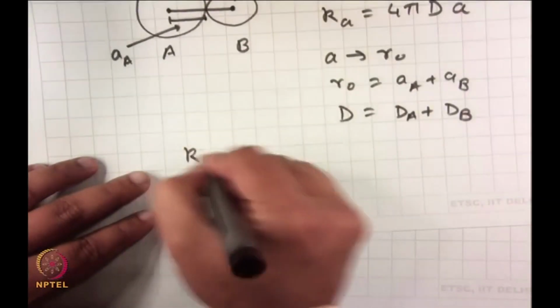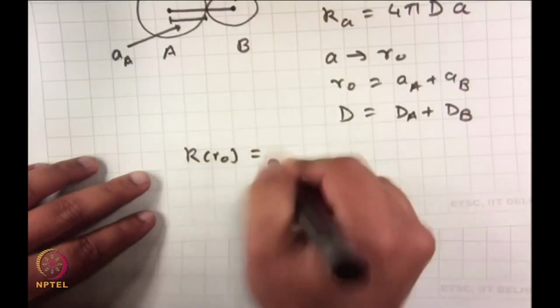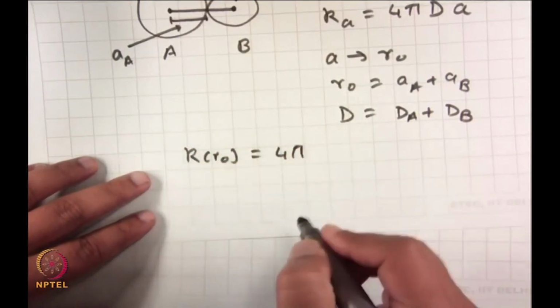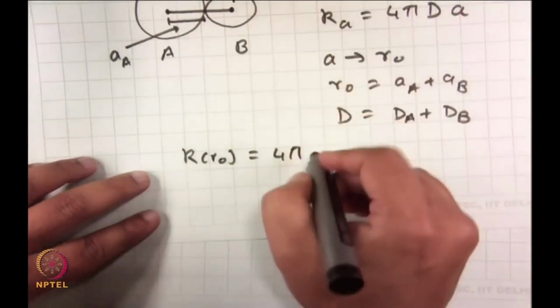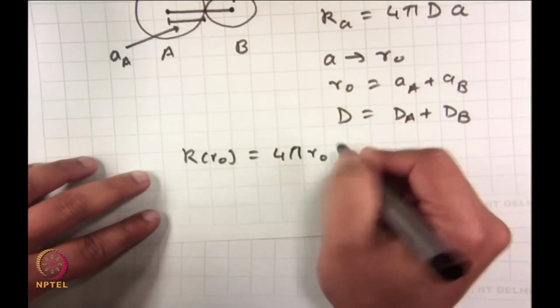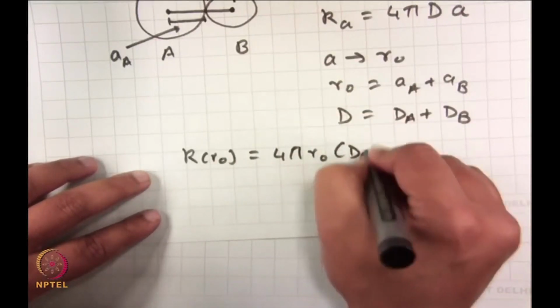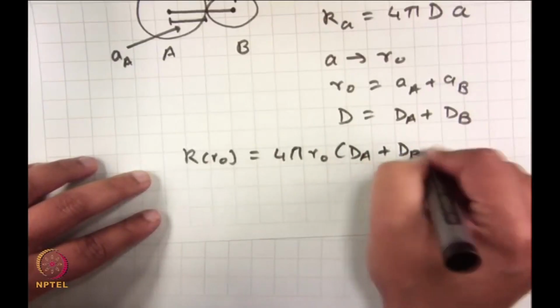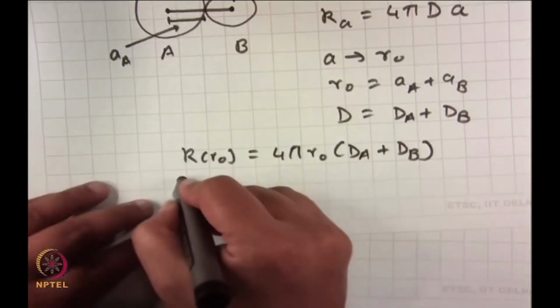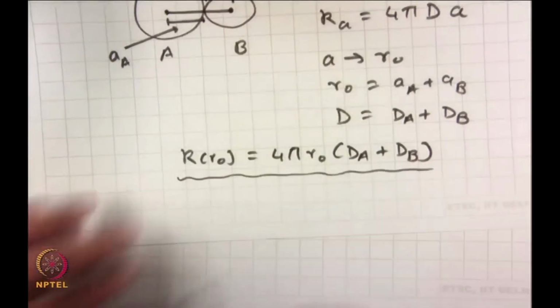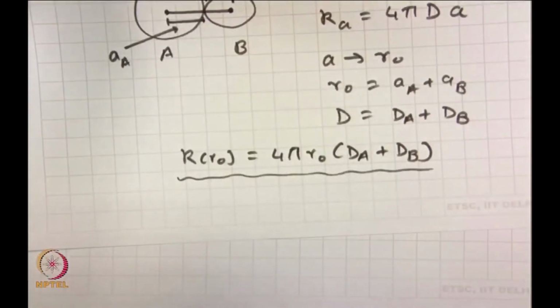Then k of R 0 would be equal to 4 pi, right? A would be replaced by R 0, then I would be having d of A plus d of B, is not it?